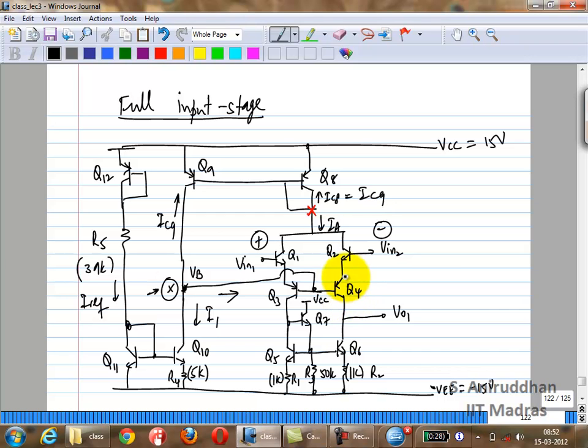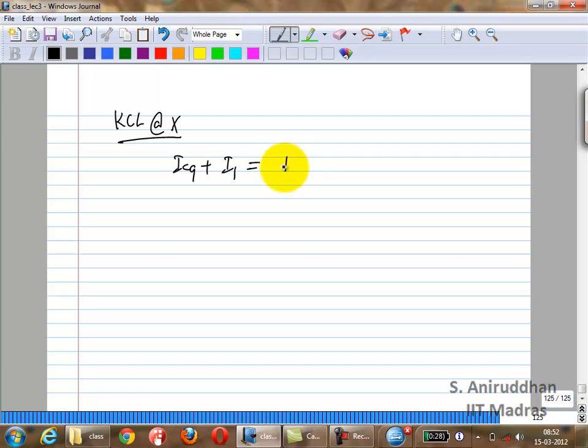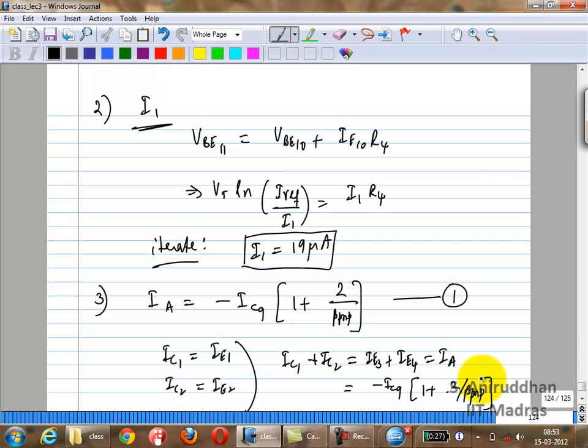Correct? Right? It's just 1 over beta plus 1 times the sum of the emitter currents. What is this? We know what IE3 plus IE4 is based on this equation.